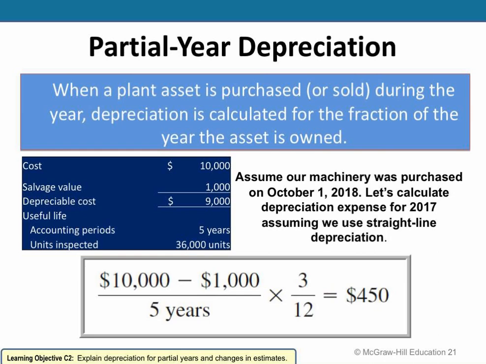And then years 2 through 5 would still be 1,800 per year. And then we're going to have a year 6 that's going to have months January through September. So we'd have the remaining part of that 1,800 not included in year one, that's going to wrap around to year 6. So we'd have 1,350 in the final year.